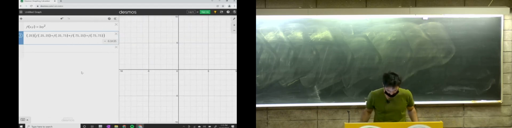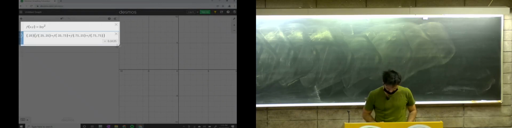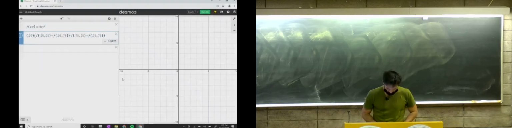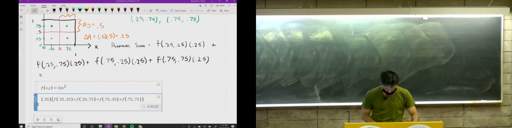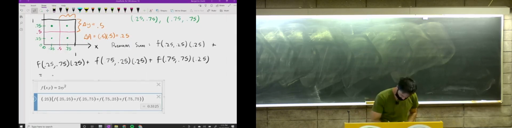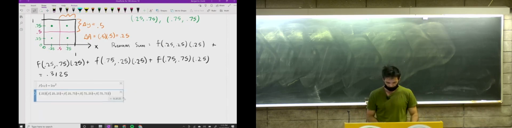And there we get an answer. 0.3125. Now, this should be an approximation to the volume beneath the graph.